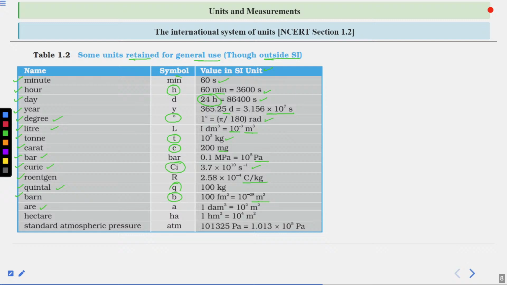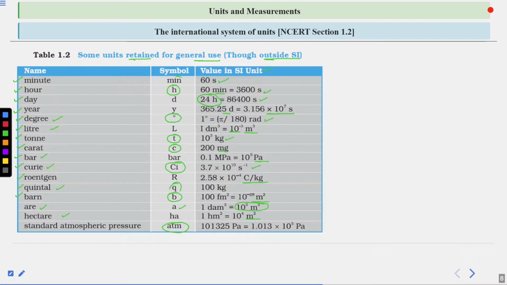This one is Are, symbol is A, and value in SI system is 10 raised to the power 2 meter square. Similarly, hectare. 1 hectare is 10 raised to the power 4 meter square. And standard atmospheric pressure is ATM.